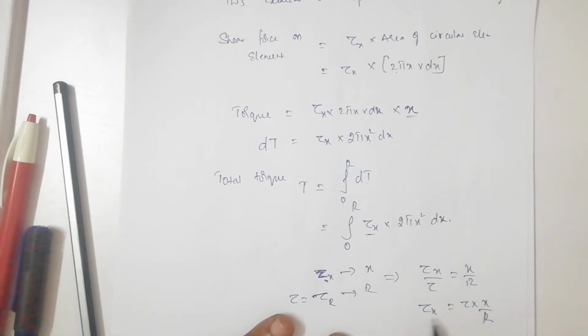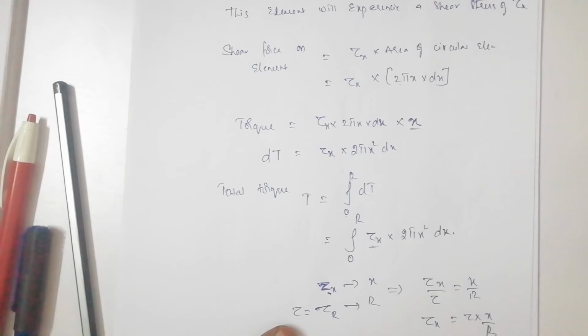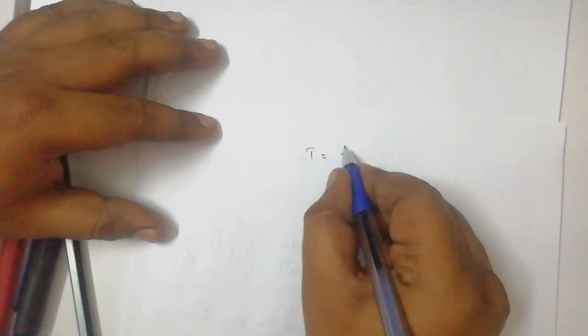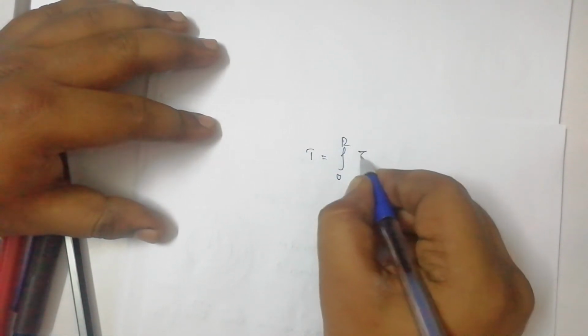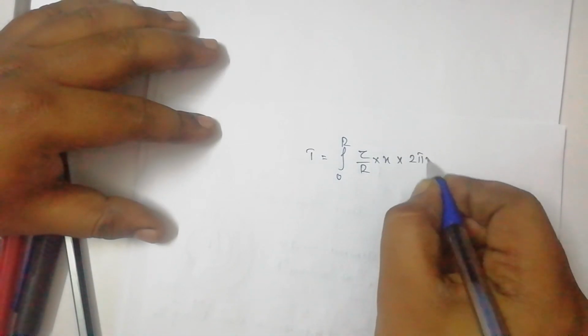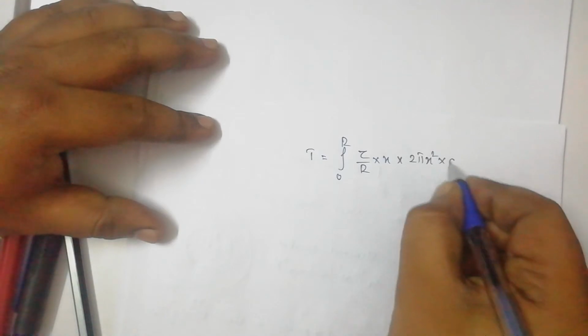So with this we will get the value of T, that is T is equal to integral of 0 to r tau by r into x into 2 pi x square into dx.